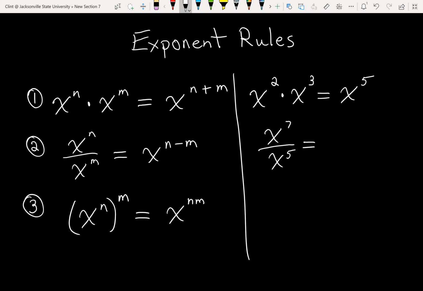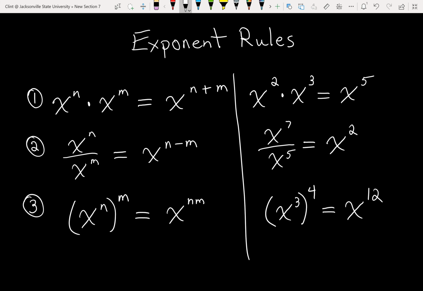If you have any negatives in there, you have to be really careful with the signs. But here we have 7 minus 5, so we'll get x squared, or x to the second. And then if we have a situation like x to the third raised to the fourth power, then we're going to multiply, so we'll get x to the 12th power.